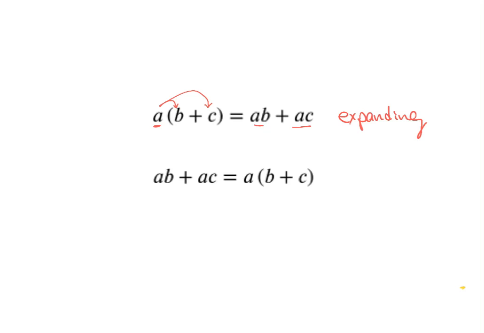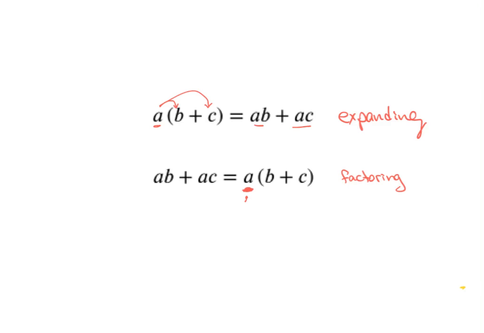What we see on the second line is the reverse of that. So we are looking for something to take out of the brackets. And once we have done that, now we have factored it. So this is called factoring. And we've removed it from the brackets. The big problem here is figuring out what we can take out of the brackets.